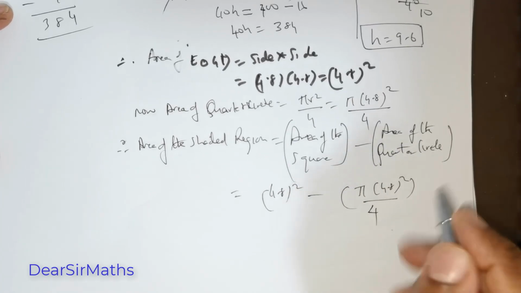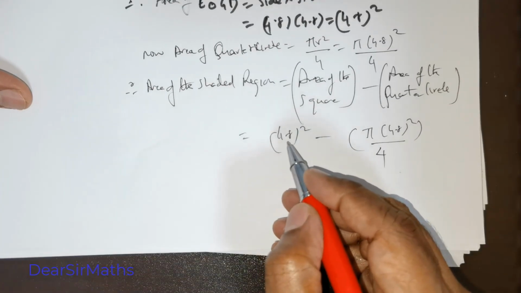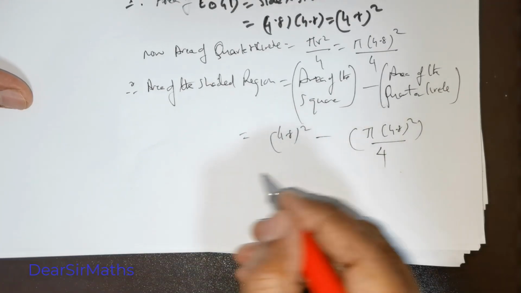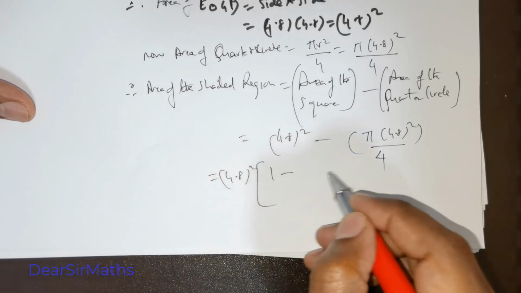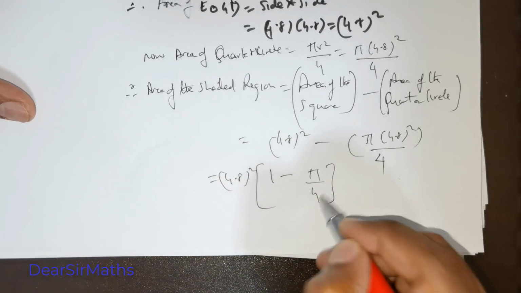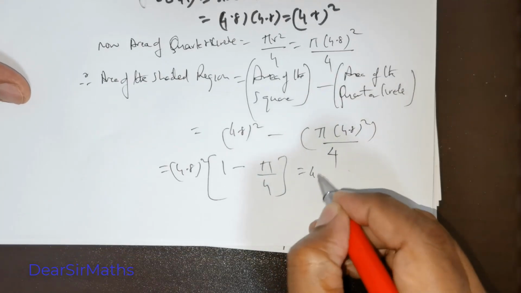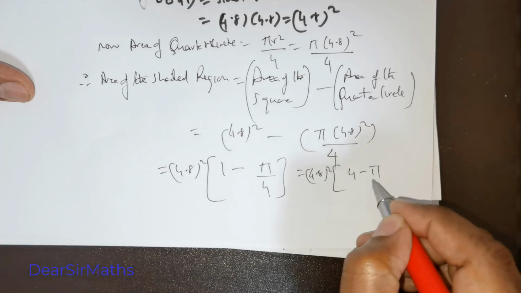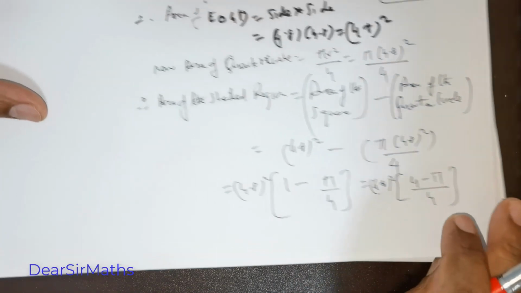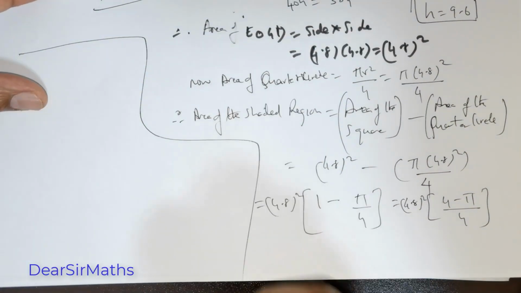divided by 4. Now 4.8 squared, 4.8 squared, I can take that out. So 4.8 squared is taken out. I get 1 minus pi over 4. So this is nothing but 4.8 squared times 4 minus pi divided by 4. Now I'm going to use this part.